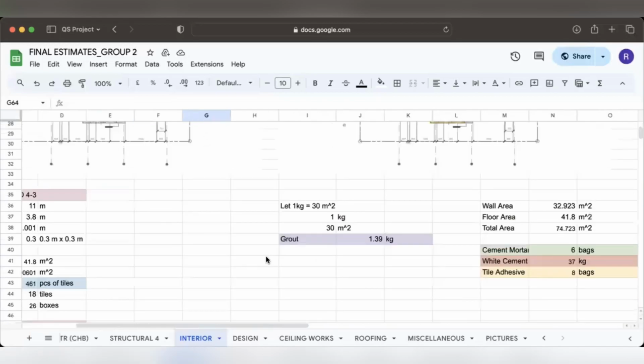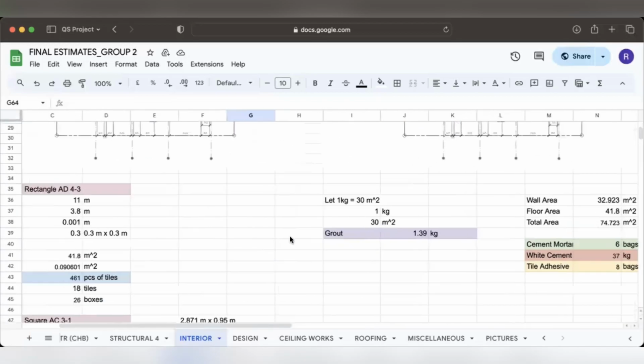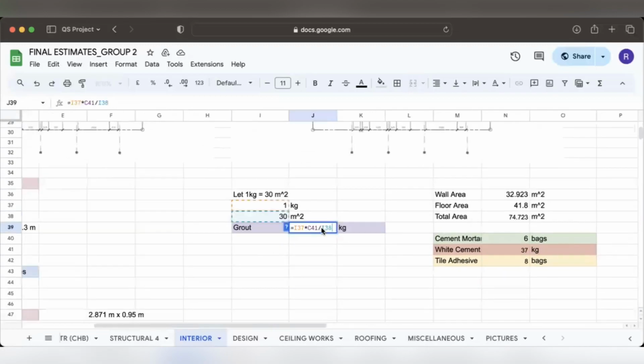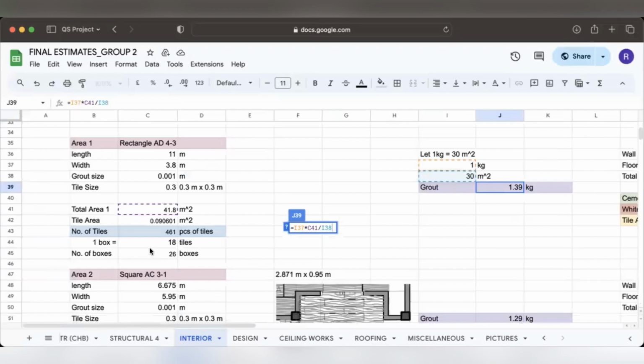Next, we will get the grout. The grout, as assumed during the class, we let this as our standard: 1 kilogram is equal to 30 square meters. To get the grout, we multiply 1 kilogram by the total area, area 1, and divide it by 30 square meters using ratio and proportion.